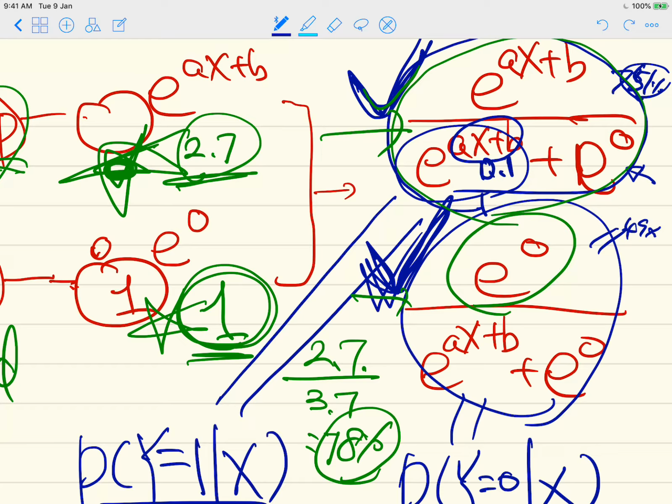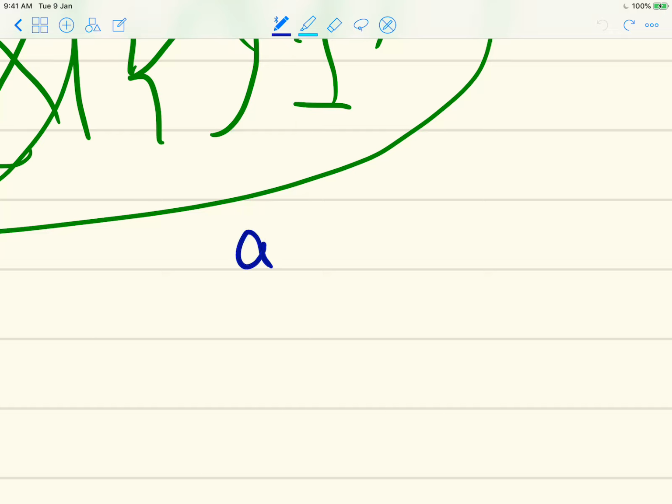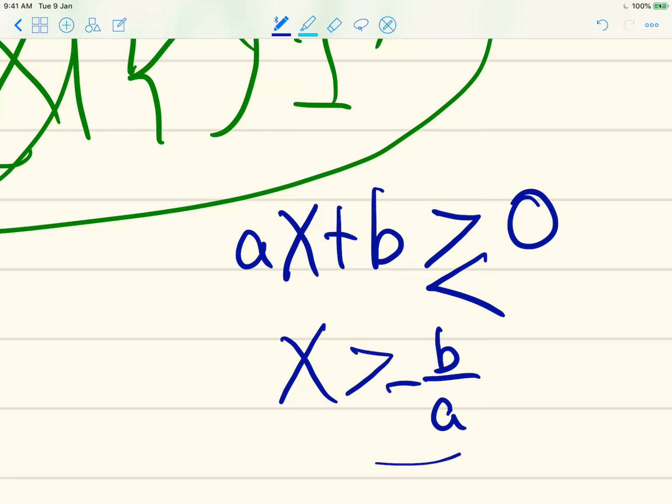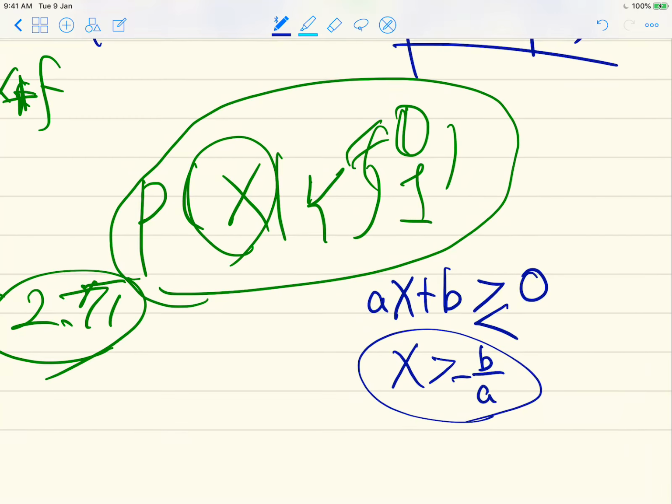So our classification rule of the Bayes classifier is represented as ax plus b.